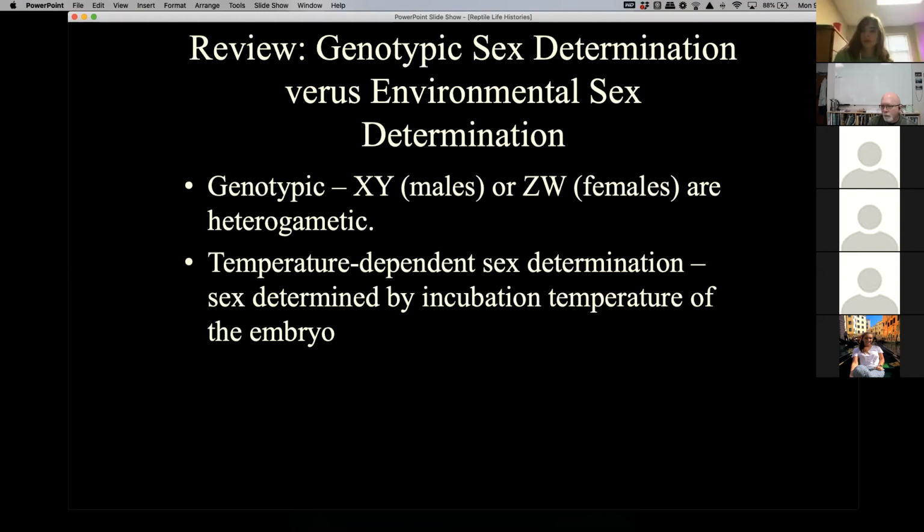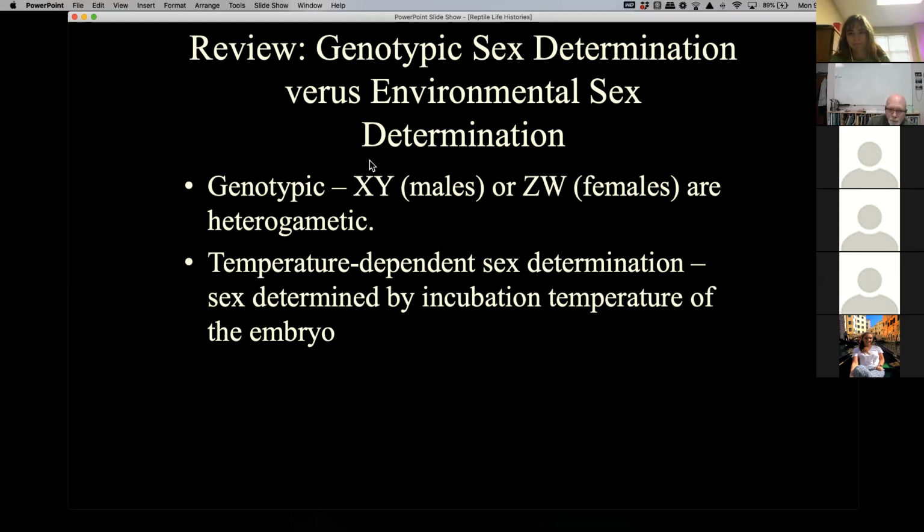This difference between environmental sex determination and genotypic sex determination. So remember that genotypic sex determination is where you have sex determined by the chromosomes. You can either have males or females that are heterogametic, and we've talked about in the past what heterogametic means.